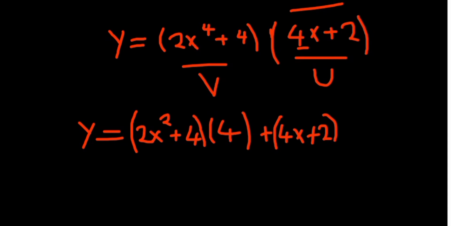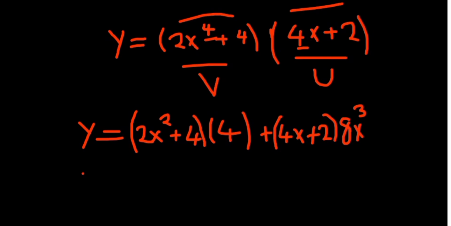On the other part, we've written u, then you multiply it with the differential of the first part this time around. When you differentiate the first part, it will be 4 by 2, which gives 8, so it's going to be 8x to the third power. 4 is just a constant, so it will be eliminated.